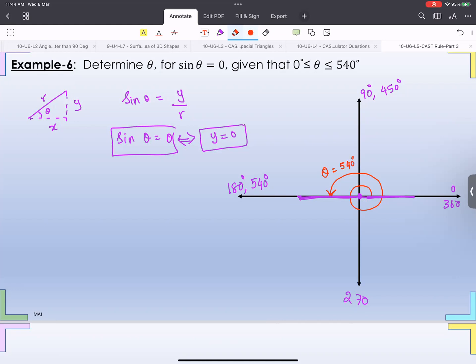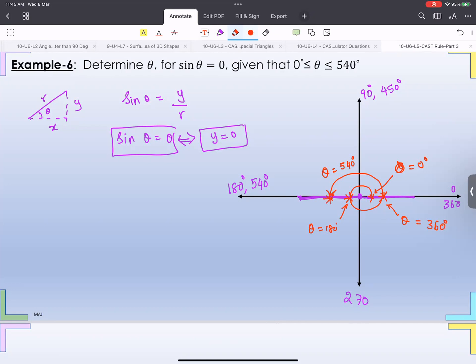Going from 0 to 540, how many times does it touch the terminal arm? It touches the terminal arm here, and that is theta equals 180 degrees. It also touches over here, that is 0 degrees. It touches the terminal arm here, that is theta is equal to 360 degrees.